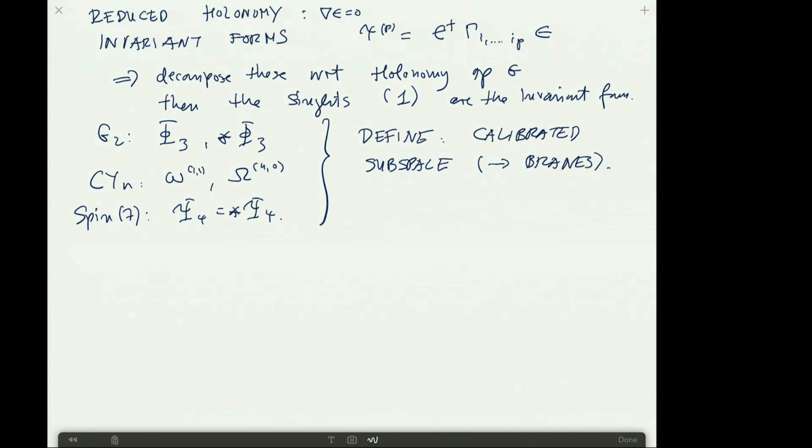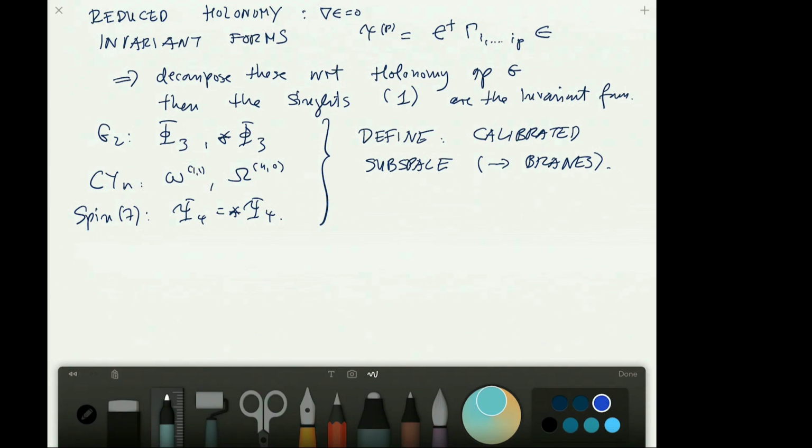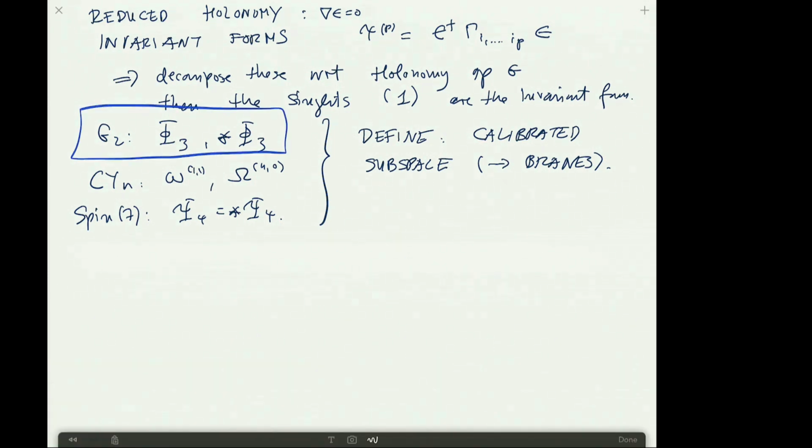Okay, but let's stick for now to G2. So how do I actually find that there are these 3-form and a 4-form which is just Hodge dual to this 3-form?